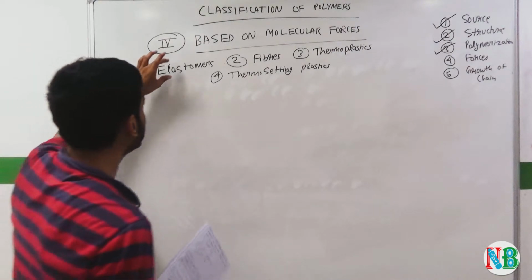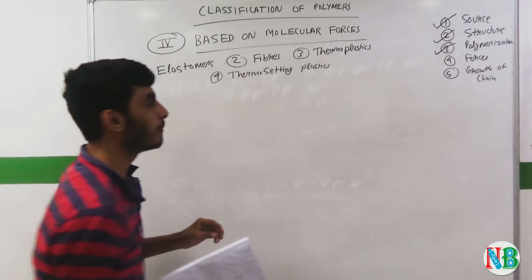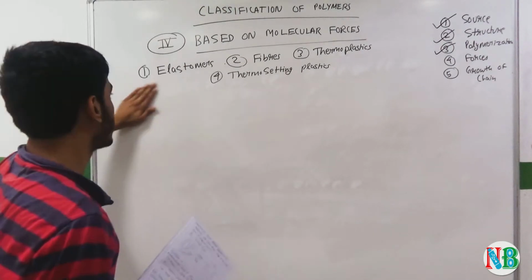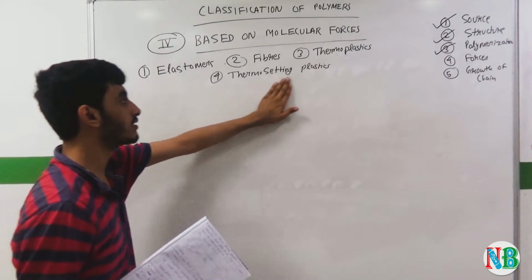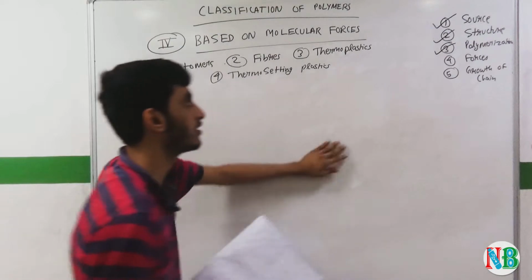So these are the types of different plastics. Some of them have hydrogen bonds, some of them have weak van der Waals.